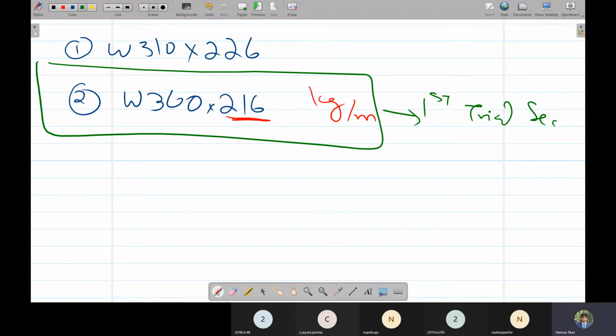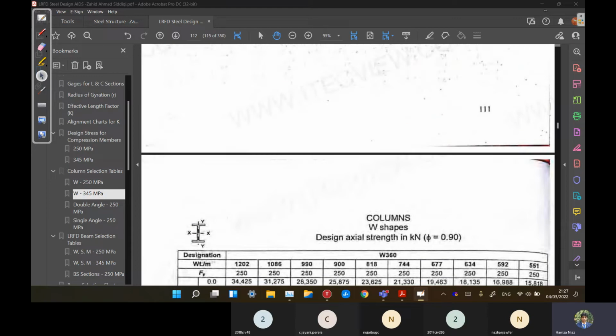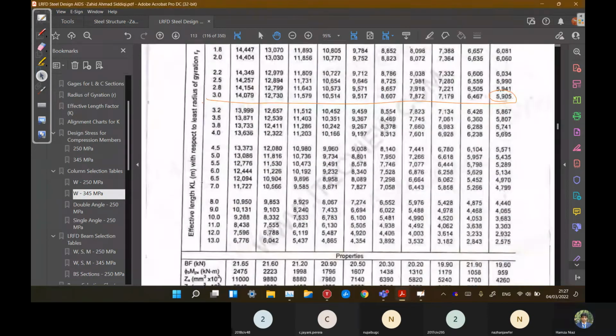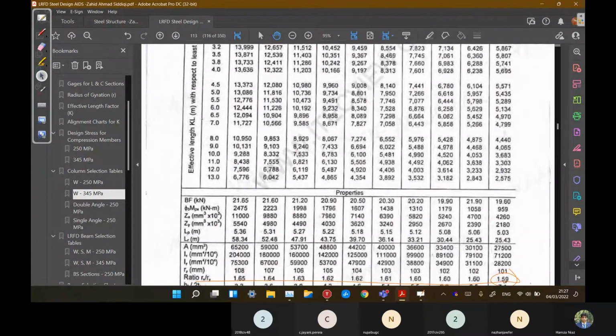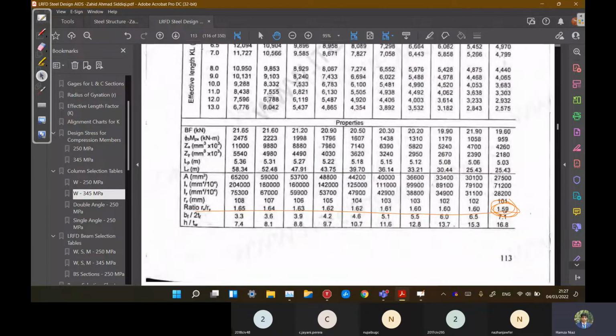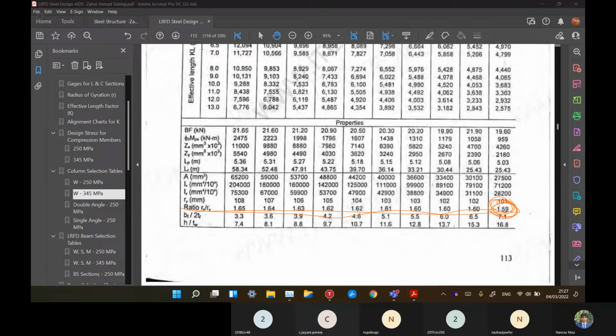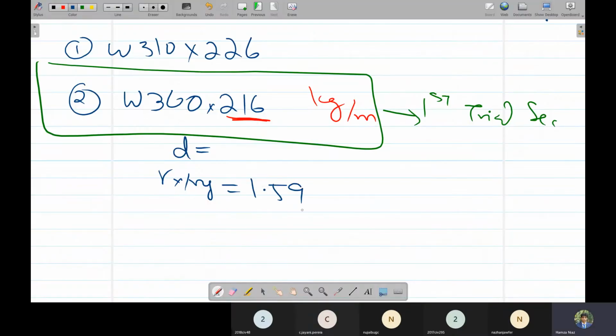It is the lightest one. For this section, we'll have to check the D value as well as the Rx over Ry ratio. These two things we have to check for this column. The Rx over Ry ratio for this column is 1.59.